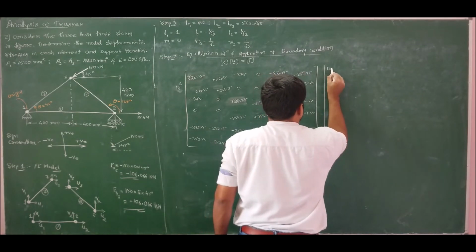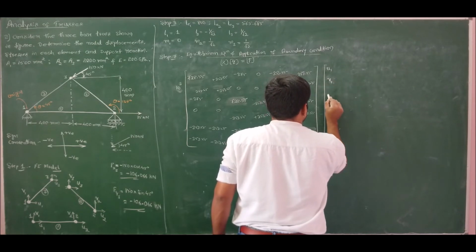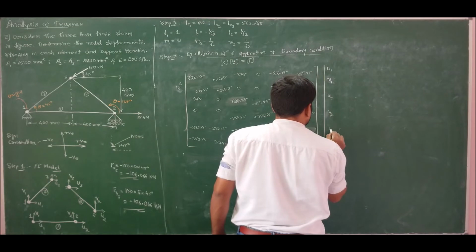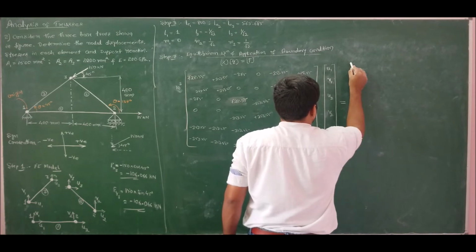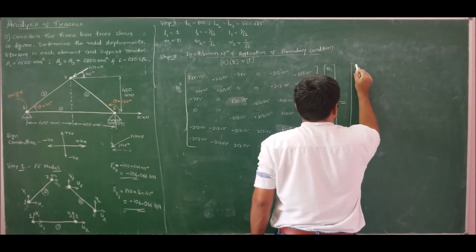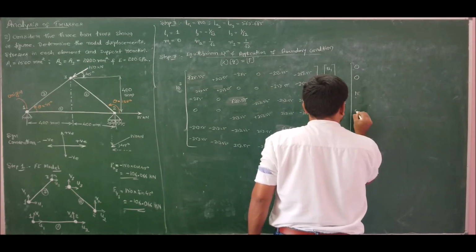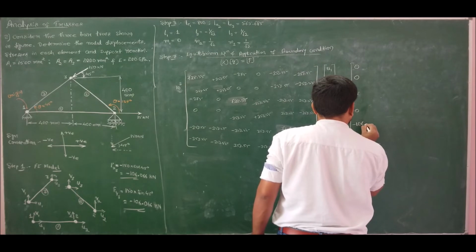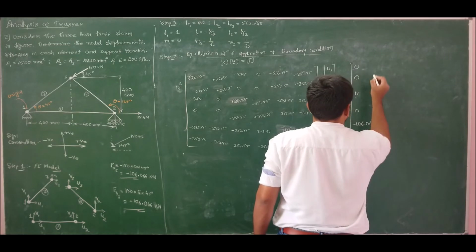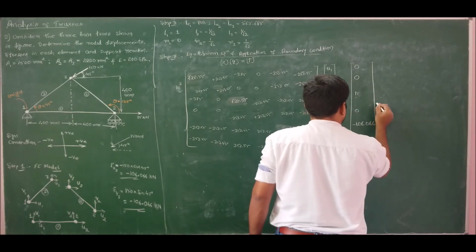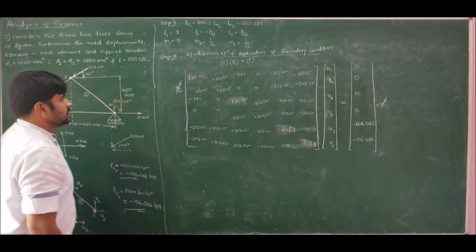Q matrix is U1, V1, U2, V2, U3, V3. This is equal to F. We have F matrix as 0, 0 plus 15, 0 minus 106.066 minus 106.066 whole multiplied by 10 to the power of 3. I cancel off 10 power 3 and 10 power 3 on either sides.